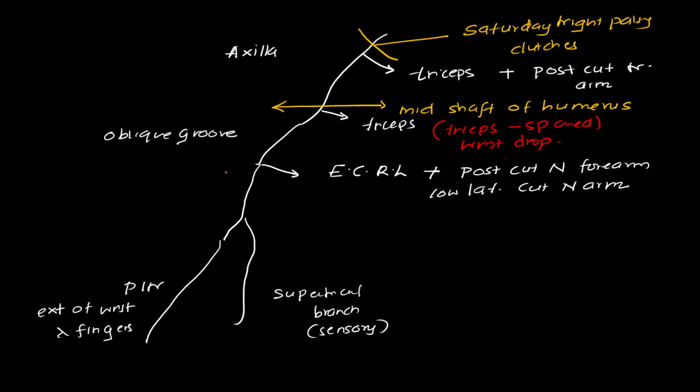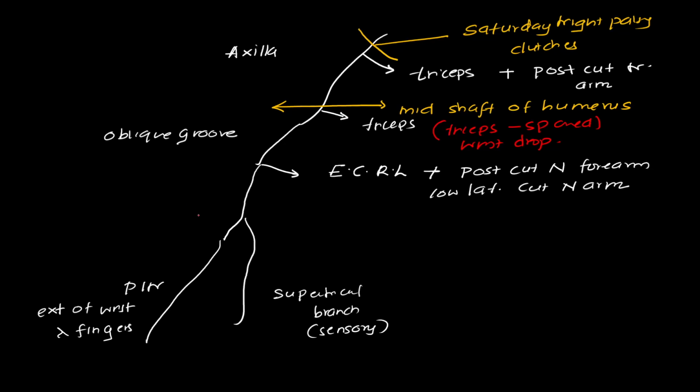Now, there are multiple other locations where the radial nerve might undergo lesions, but these are the most common positions. One would be the Saturday night palsy or the crutches at the axilla. Then there's a fracture of the midshaft of the humerus, particularly at the oblique groove.